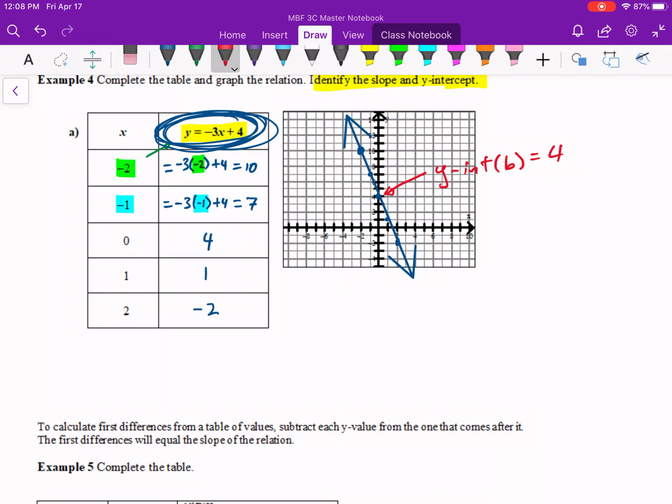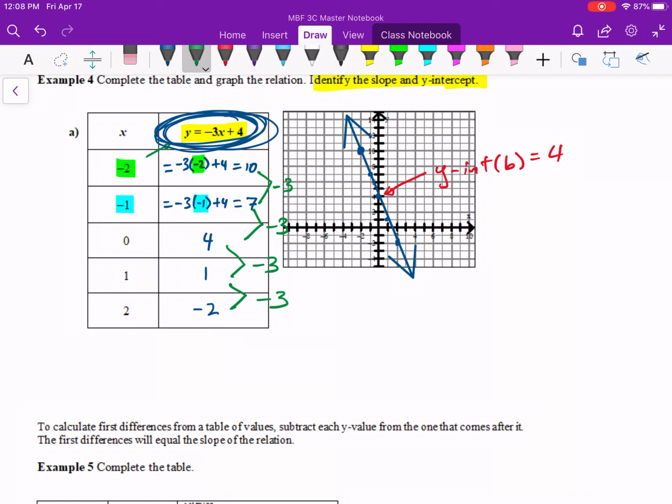So remember, slope can be found by doing first differences. On the table, what I could do is I could go from 10 to 7, I'm going down by 3. From 7 to 4, I'm going down by 3, so that's why I'm writing negative signs here. 4 to 1, down by 3. 1 to -2, down by 3. So my first differences, if you remember, are all the same. And that would be my slope.